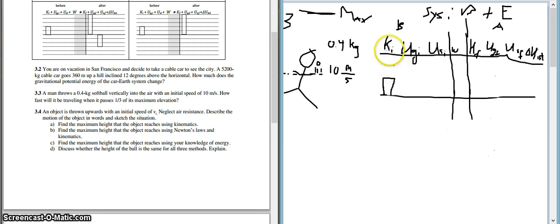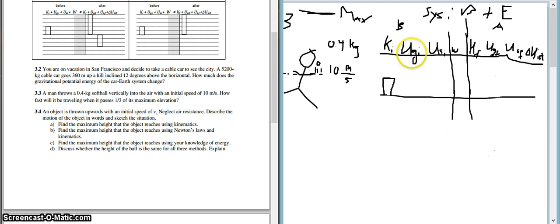The initial kinetic energy. There's no gravitational energy. This is because we can set, let's just say where the man threw the ball is 0, and this means that anything above this line of 0 will have potential gravitational energy, and anything under it will have negative potential gravitational energy.